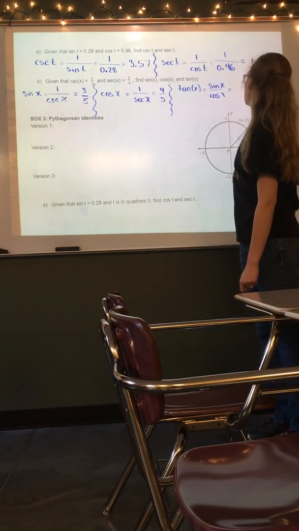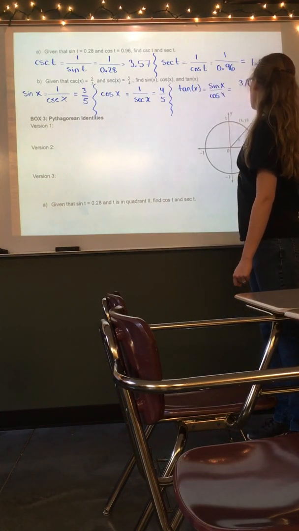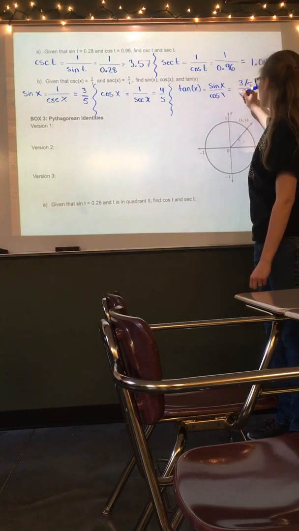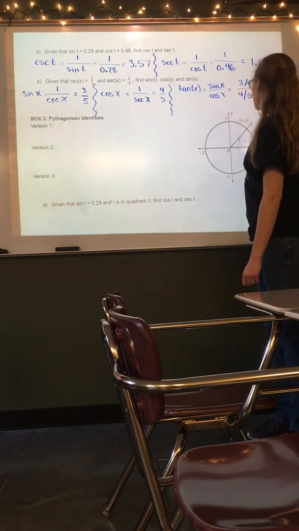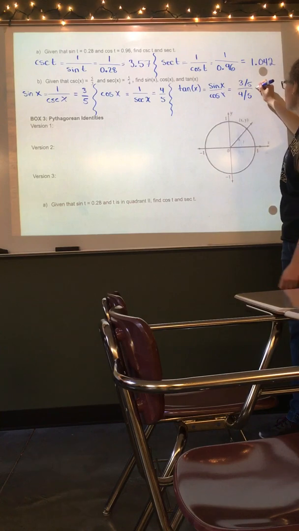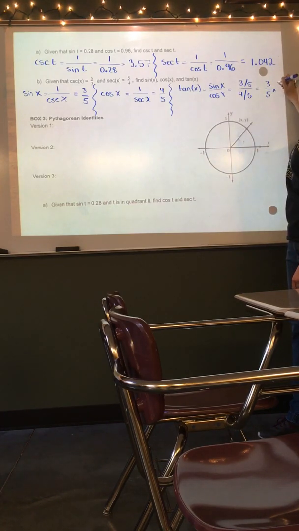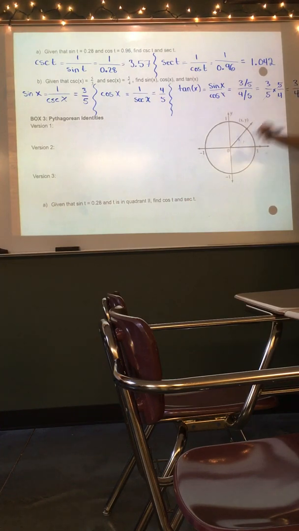So sine is 3/5 divided by cosine, which is 4/5. If you keep, change, flip to 5/4, 5's cancel, and you are left with 3/4. So sine is 3/5, cosine is 4/5, tangent is 3/4.